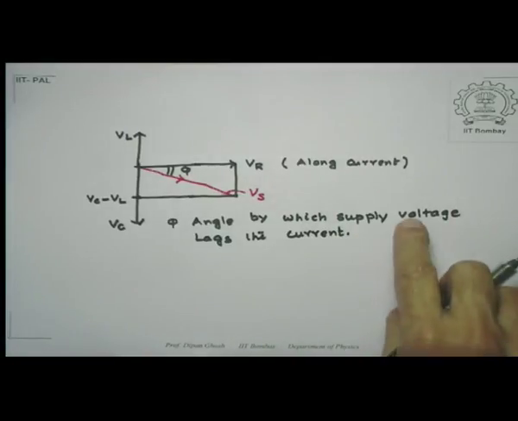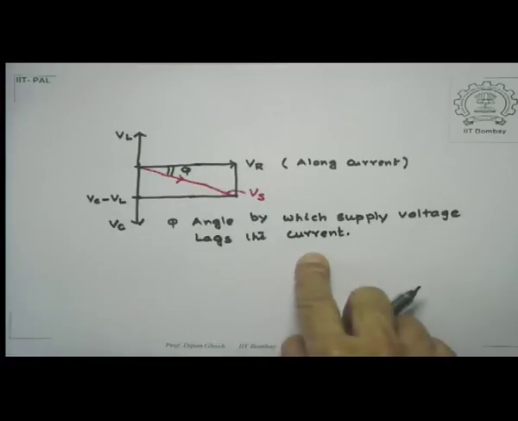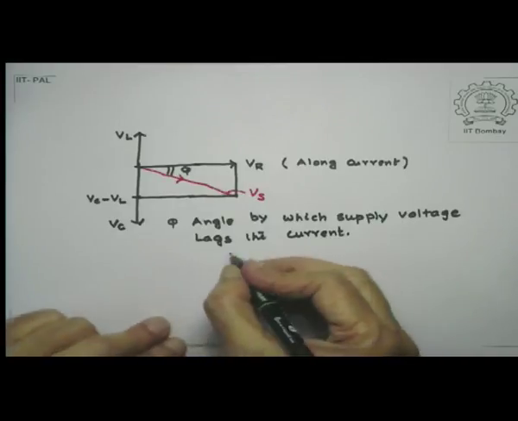And here, since the voltage lags the current, the circuit is dominantly capacitive.